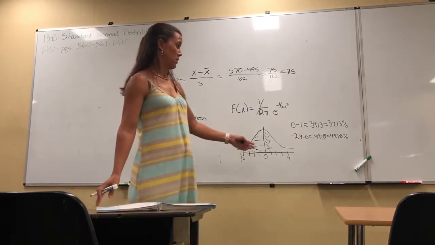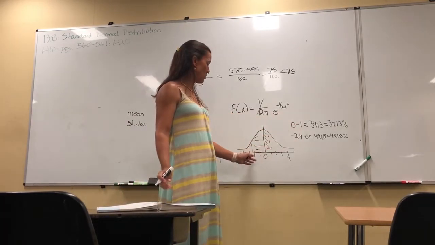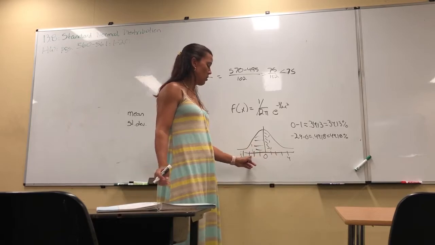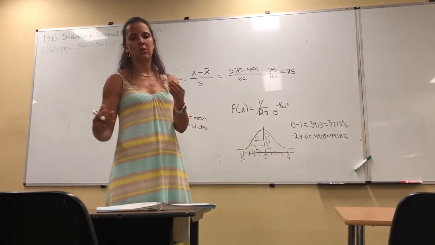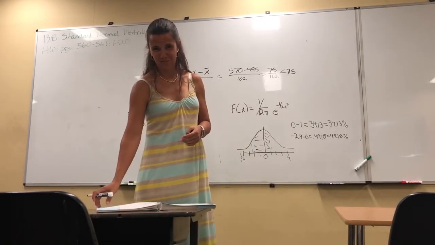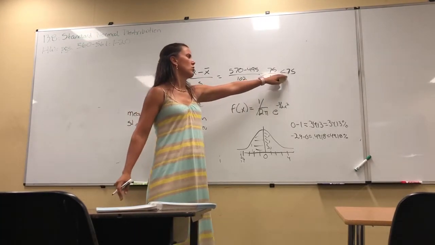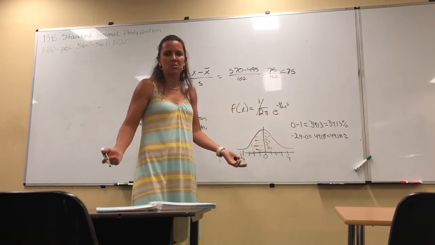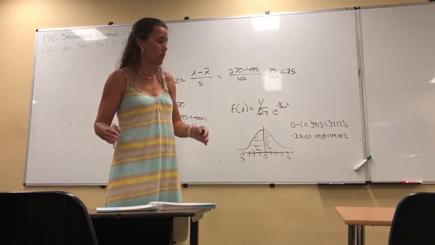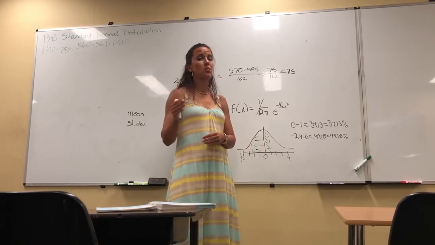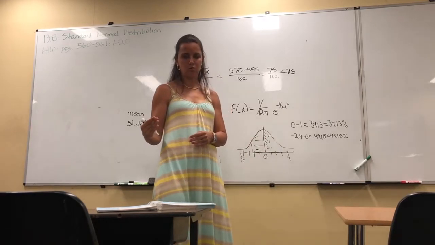So if you double that, that means almost 100% of your scores have a z-score with an absolute value of less than 2.5. Does that make sense? So in this case, his z-score was 0.75, which makes sense, right? Because almost every single number is going to have a z-score somewhere between negative 2.4 and positive 2.4.